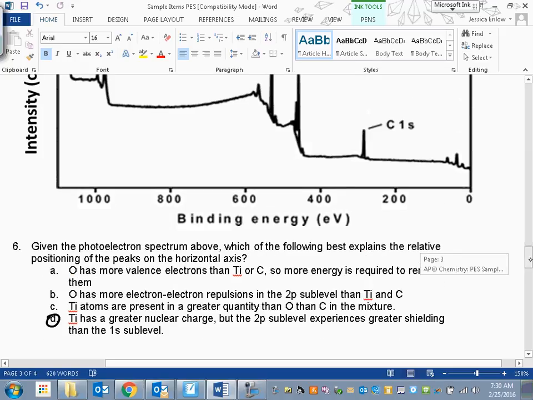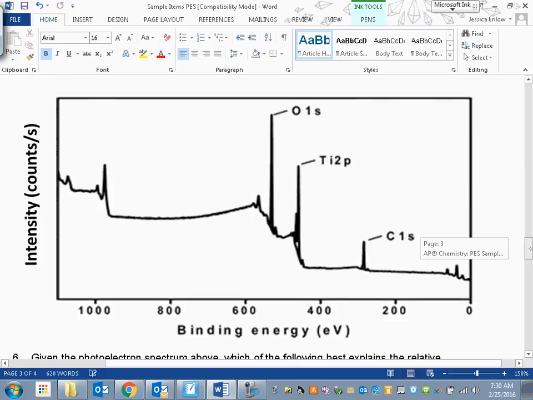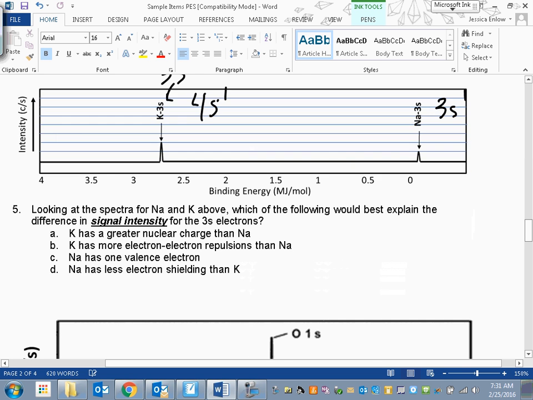The shielding is just because of the energy levels. You can see that on the graph it indicates Ti2p, which is the 2p sublevel. It's comparing the 1s sublevel of oxygen and then carbon. So really what you're looking at is Zeff, so the protons, meaning the binding energy, and then merely that the answer didn't contradict itself, because some of the other ones contradicted themselves or weren't reasons for this particular question.